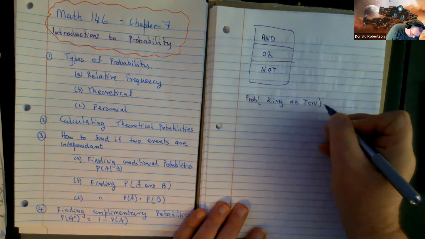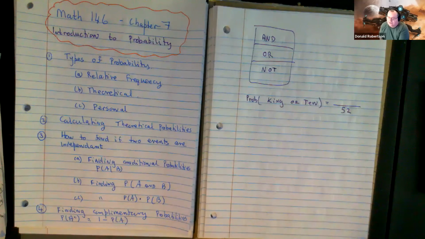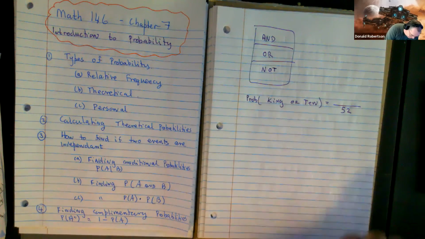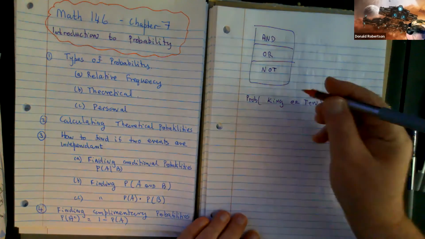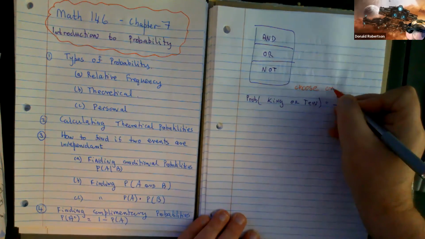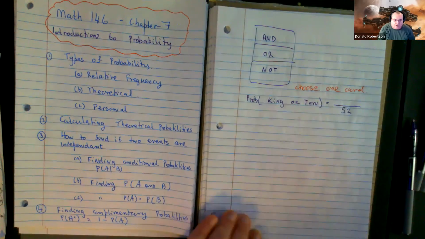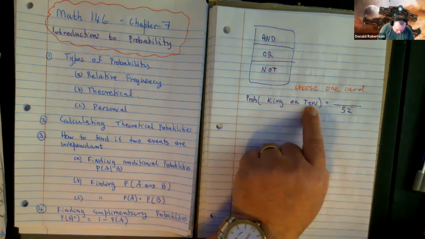There are 52 cards in a deck of cards, right? And what's the probability that I choose one card? So I should say this is true for every question now, so I won't say it. Choose one card from a deck and you get a king or a 10. Okay, would you agree there's 4 kings and there's 4 10s?